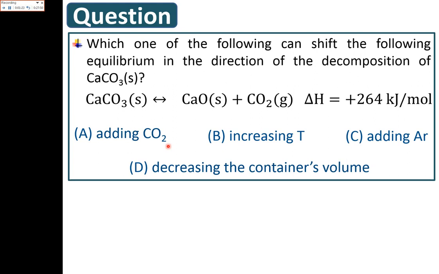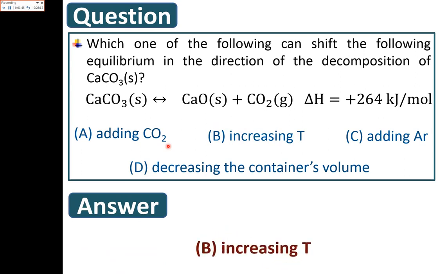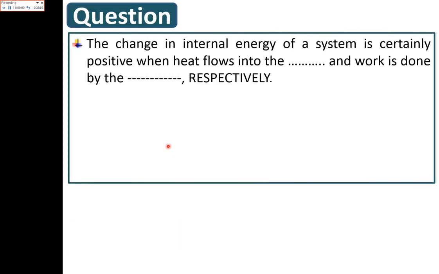If you decrease the container's volume, the equilibrium shifts to the direction having the least number of gaseous molecules. So decreasing the container's volume will definitely shift the equilibrium to the left, not to the right. So the only correct answer here is number B. Increasing the temperature will shift the equilibrium to the direction of the decomposition of calcium carbonate.